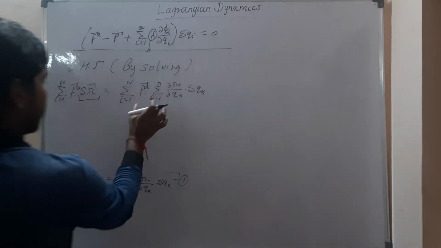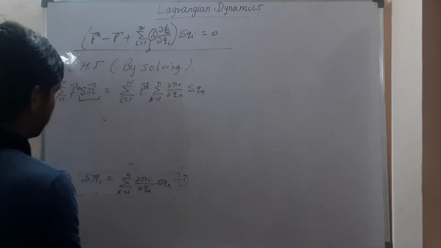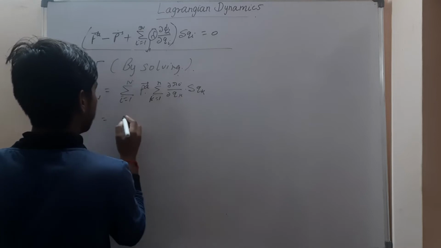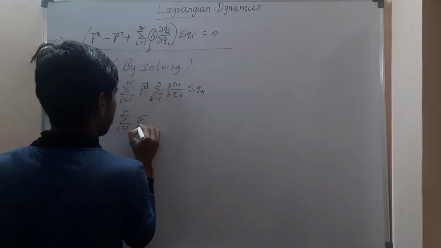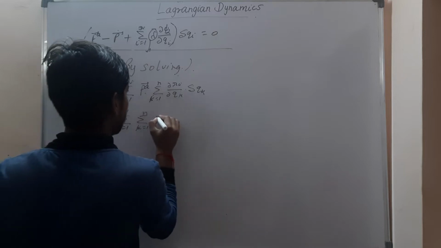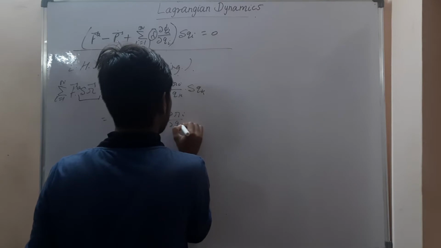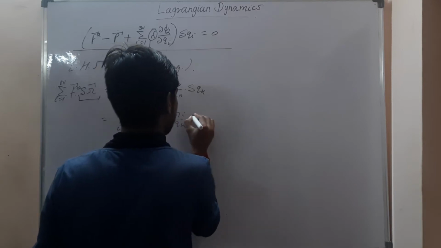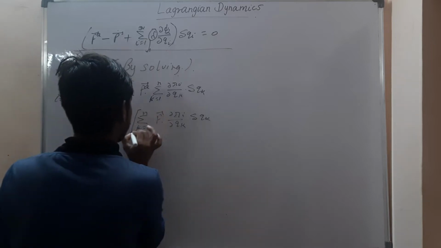If I keep it in this, let me take that integral value this side, and we can write i is equal to 1 to capital N, k is equal to 1 to small n, and it will be F into del r_i by del q_k and del q_k. Let me keep a bracket here.